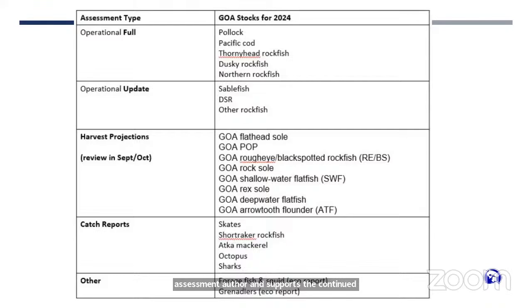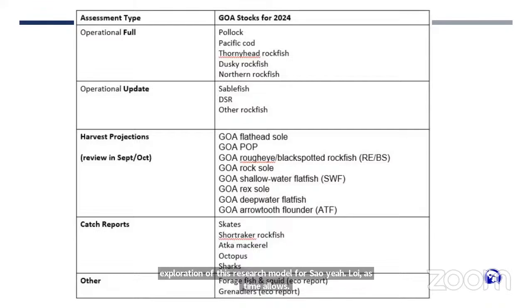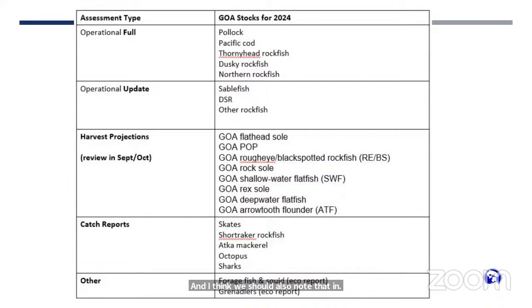And I think we should also note that, similar to the plan team, we recognize that a large amount of work would be needed to implement the surplus production model. They talked about an MSE that would be necessary ahead of time. So I think we can support this as practicable for future exploration by the department.